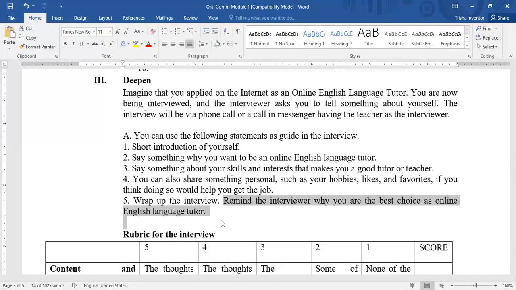So for example, we can say, you should hire me because I am one of a kind. I love talking to different people. I am good at speaking English and I love teaching and it is my passion.